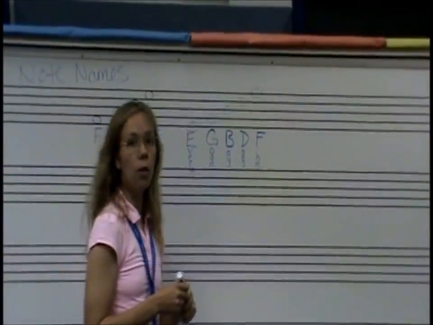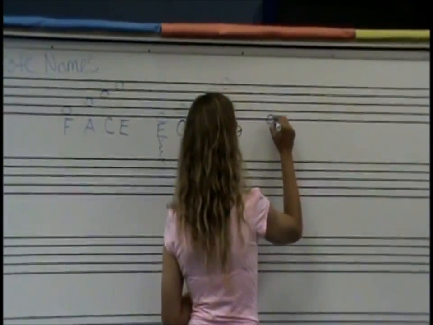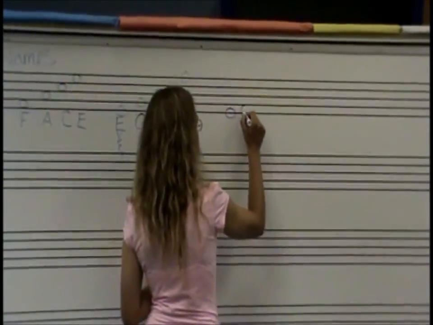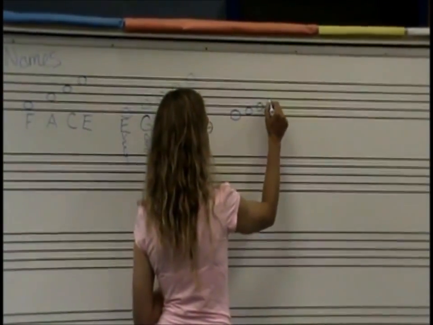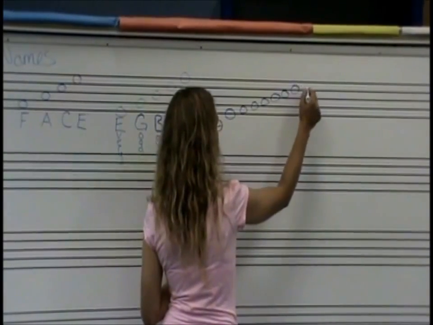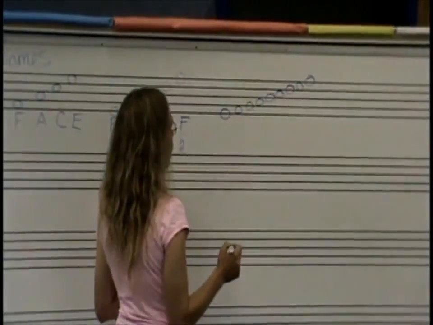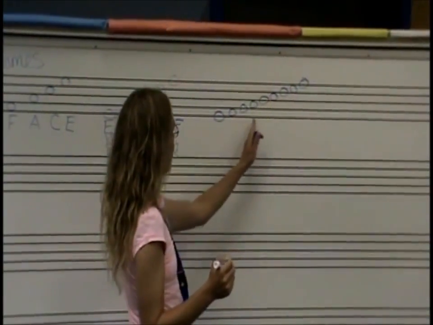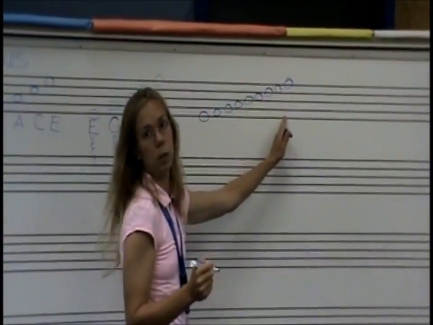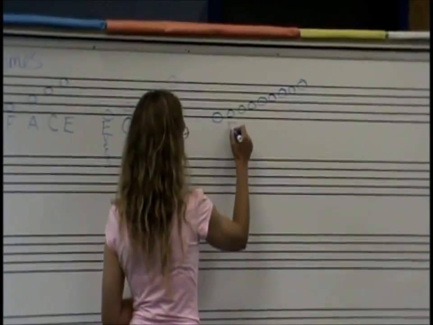If we put all of these in order, we would have a pattern. The pattern would go line, space, line, space, line, space, line, space, line. If we just did the space notes first, space rhymes with face, so we have the F note here.